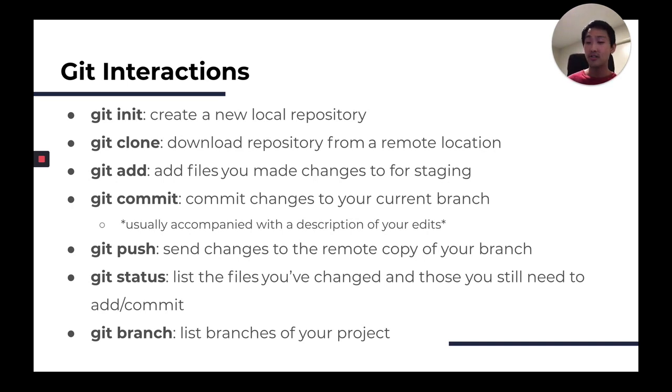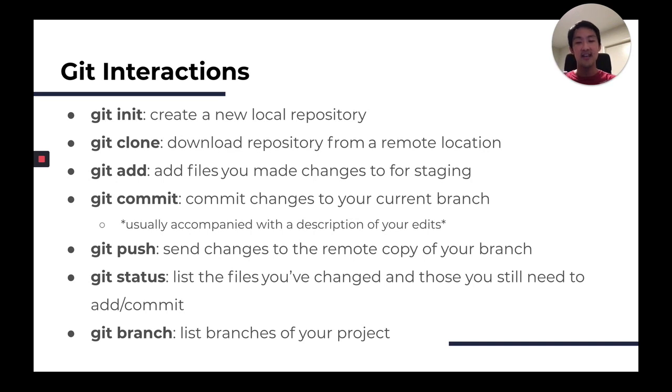Then you have push, which is essentially taking the changes that you made, taking that new version of your local branch on your machine and pushing it, uploading it to that remote branch in GitHub or GitLab or Bitbucket, just some other services that offer the same sort of thing that GitHub does. Then you have Git status.